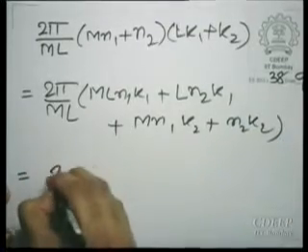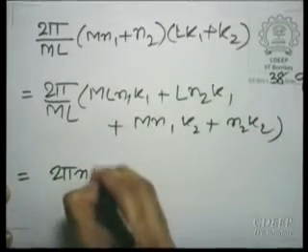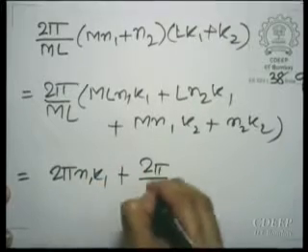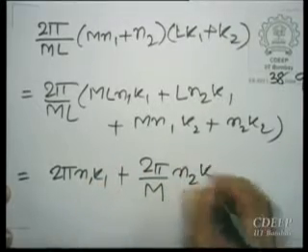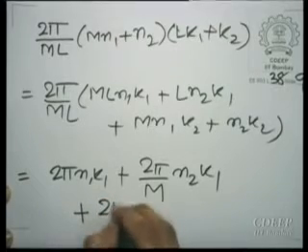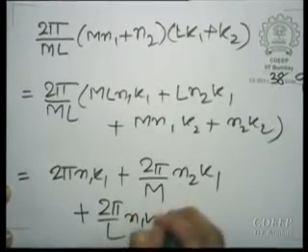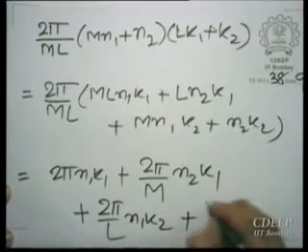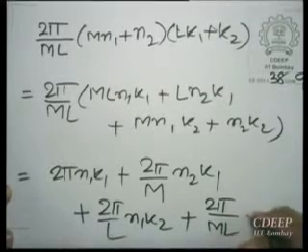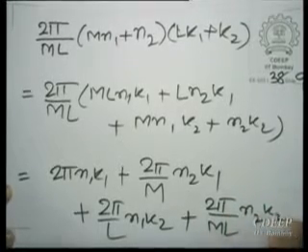and that can be written as 2 pi n1 k1 plus 2 pi by M n2 k1 plus 2 pi by L n1 k2, and finally 2 pi by ML n2 k2.